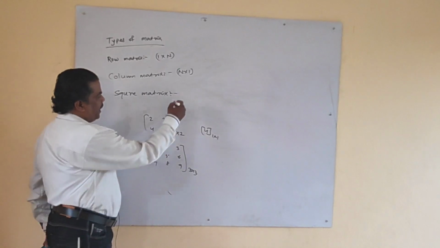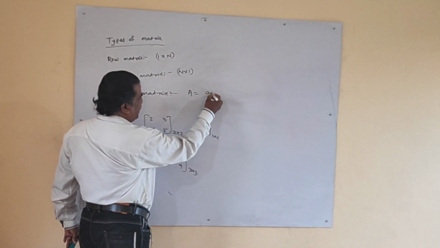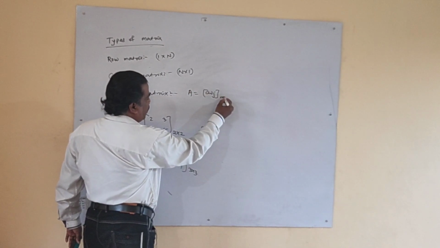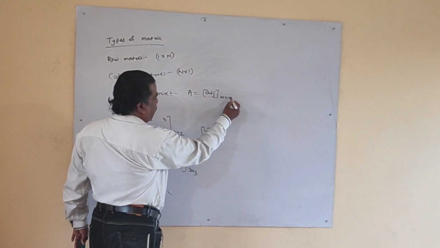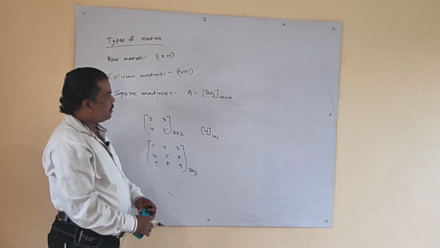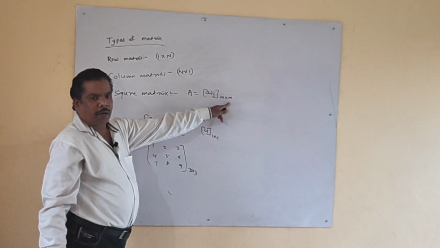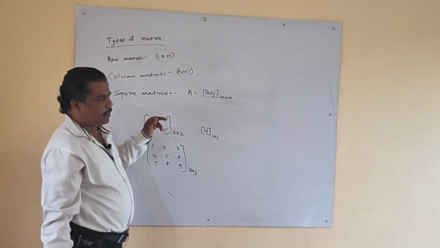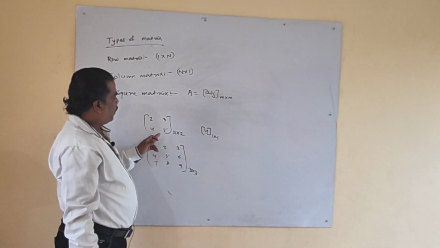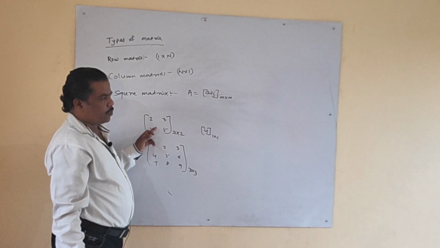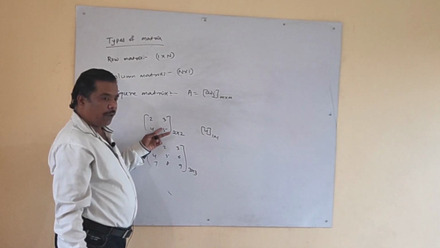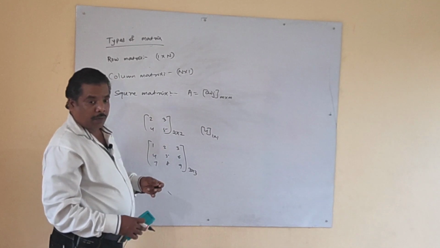So a matrix A equal to Aij, m cross n, where the number of rows is equal to the number of columns, we call this a square matrix. In a square matrix, the number of rows is always equal to the number of columns.